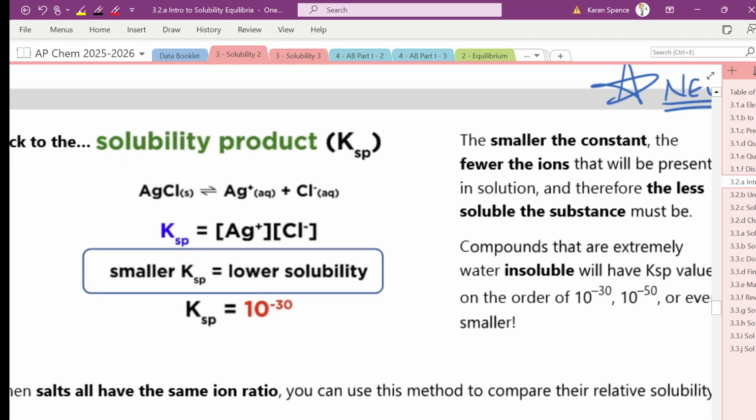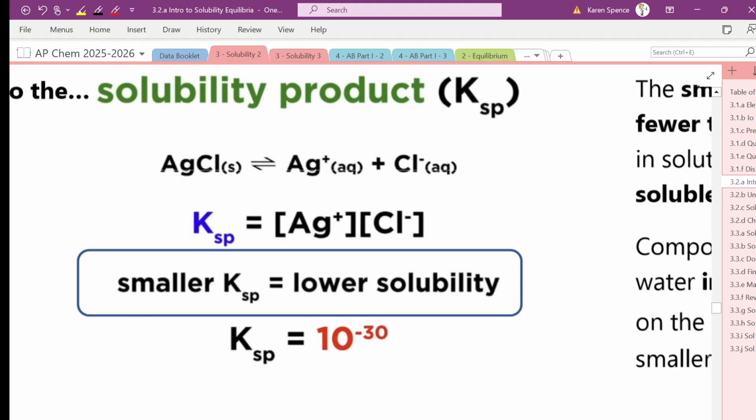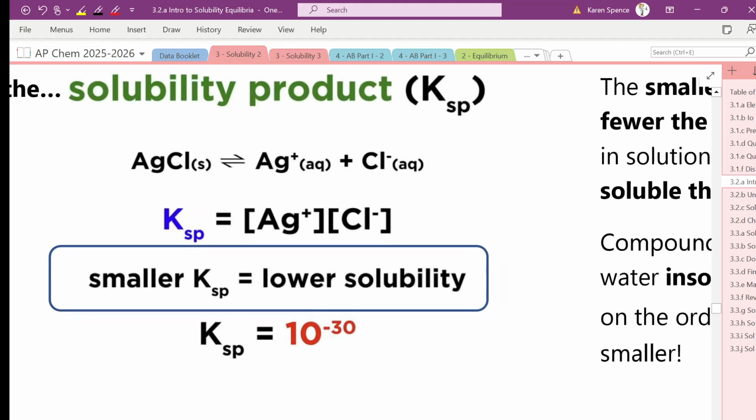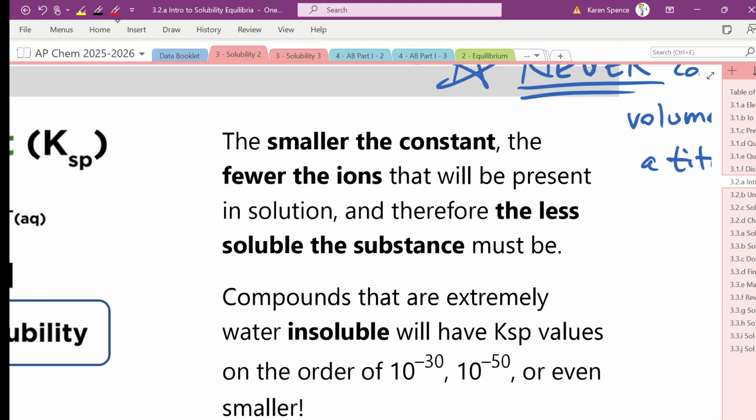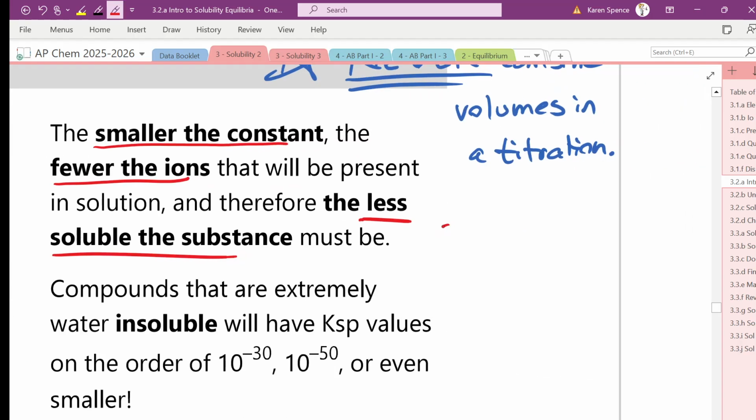Back to our KSP. So if we have a smaller KSP, what does that tell us about our ion concentrations? The smaller the constant, the fewer the ions. And what does that tell you about the solubility, about how much will dissolve? It's going to be less soluble.